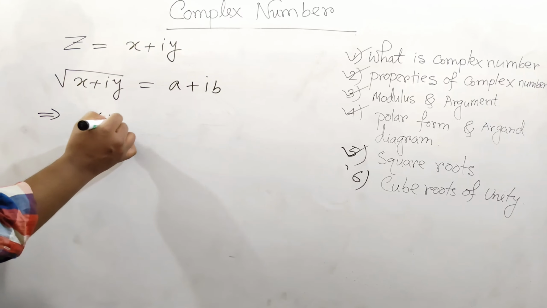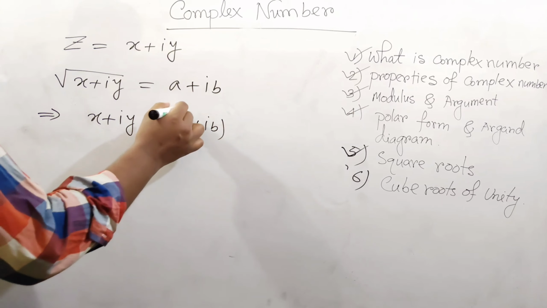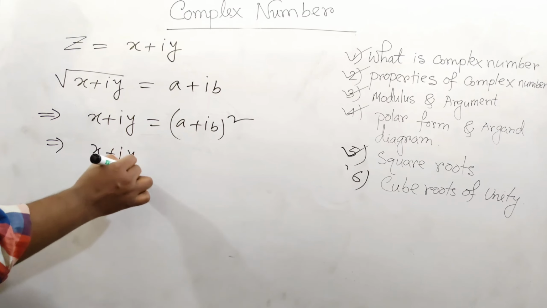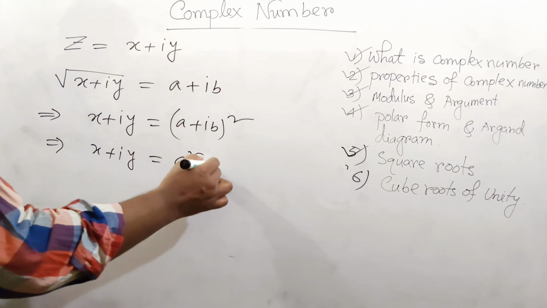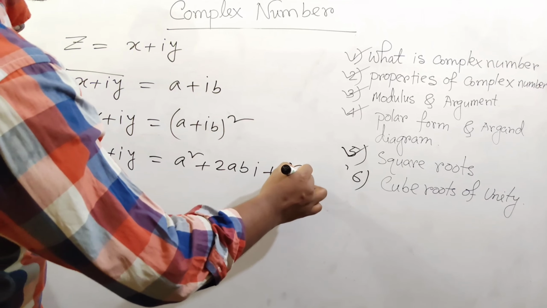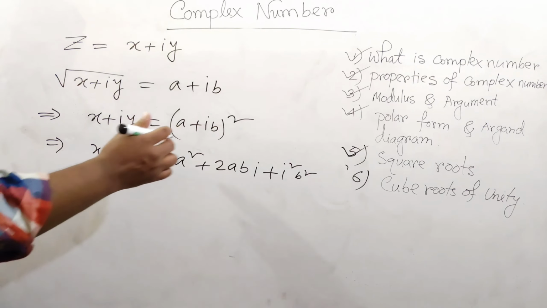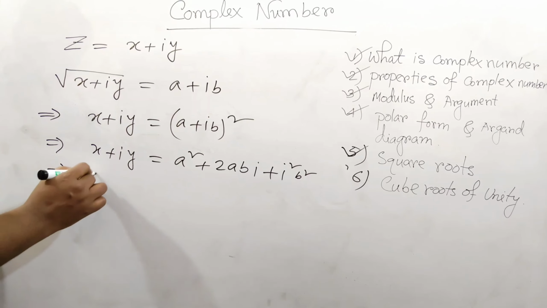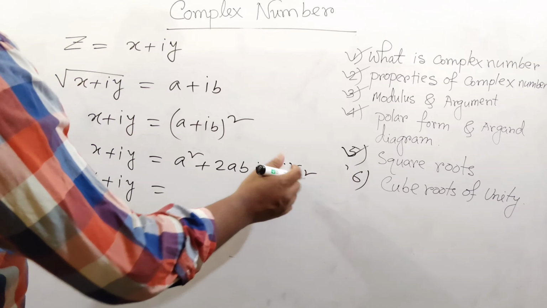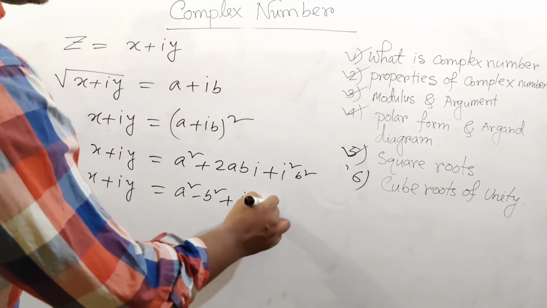If we square both sides, then we will get a plus ib whole square. Now it will be x plus iy equals a square plus 2ab multiplied by i plus i square b square. Here I just use the algebraic formula a plus b whole square. We know that i square equals negative 1, so a square negative b square plus i into 2ab.